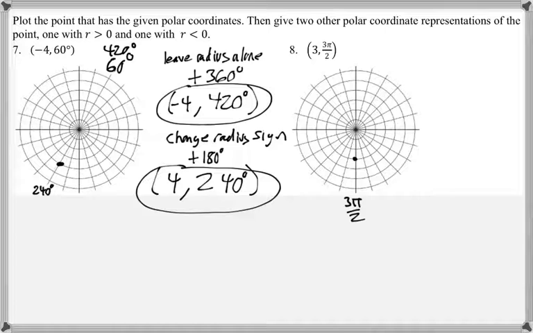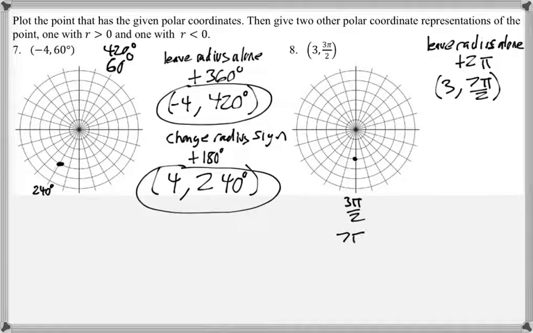To get my first coterminal point, I want to leave the radius alone and add 2 pi. So that will get me 7 pi over 2. So this is actually also 7 pi over 2 here. So that's one of my alternate points.